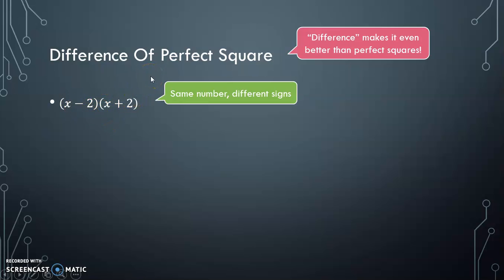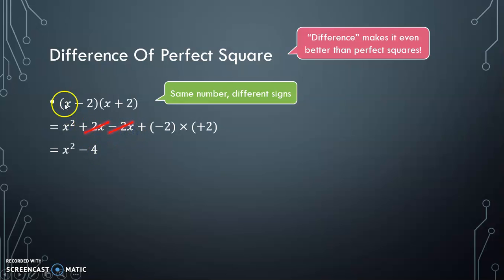When you expand that expression, you notice that it becomes x squared plus 2x minus 2x, and then the constant term will be minus 2 multiplied by plus 2. Then you notice, oh wow, the plus 2x and minus 2x can be cancelled out.